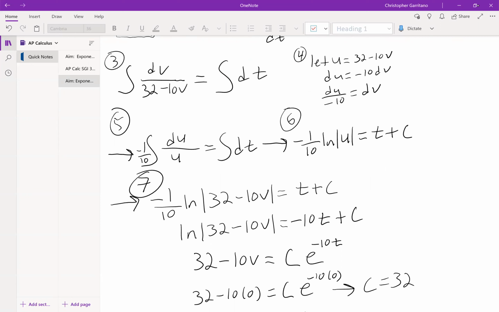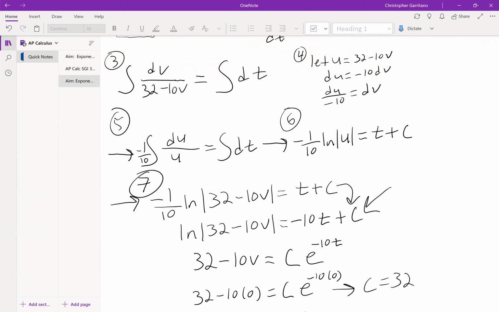So the first thing I did was multiply both sides by negative 10. I want to point out here that this constant, negative 10 times c, is just another constant. So from this step down to the next step, I just rewrote it as c.